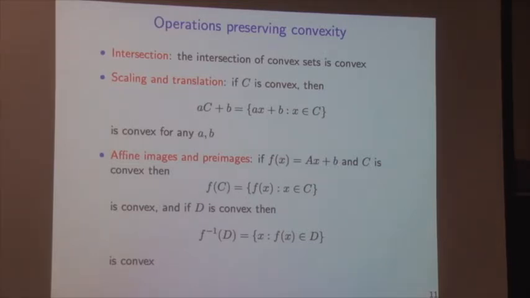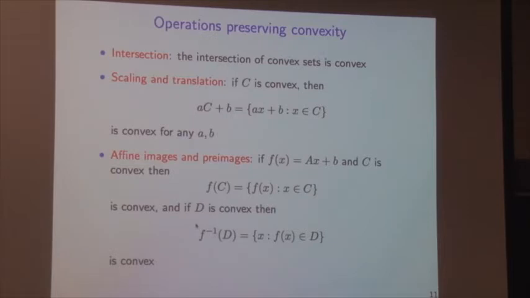And if D is a convex set, then the affine inverse image, or the pre-image, is also convex. This is actually extremely important to know, these two, because affine transformations happen all the time, and it's super handy to know this fact. It's also important not to confuse this with the inverse of a function.